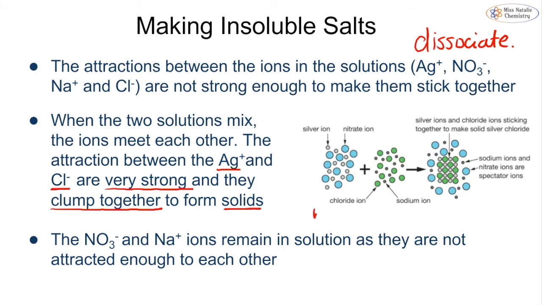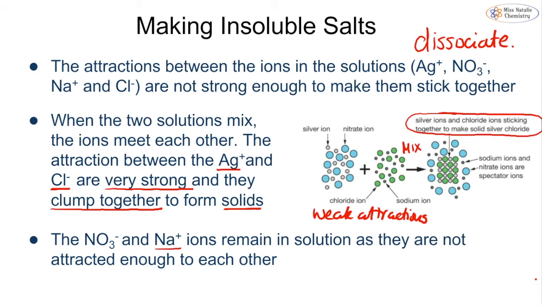So here we've got weak attractions between our ions. As soon as we mix them, we are going to get very strong attractions between our silver and our chloride, and they're going to stick together to form the solid silver chloride.